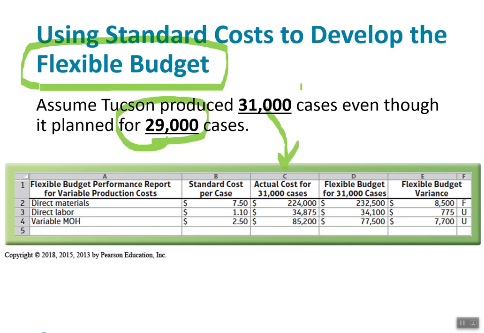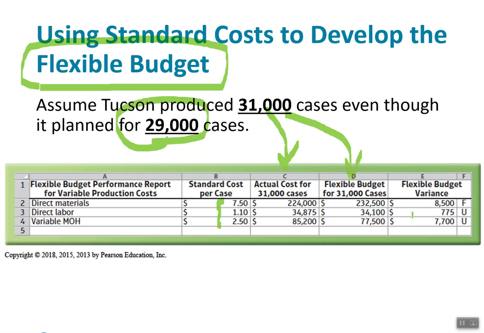And this is in the sense that we produced 31,000 cases. So notice the flexible budget is also based on 31,000 cases. And this is so we're comparing apples to apples. And here is the standard cost that we came up with in the previous slides. And here's the difference between the two.